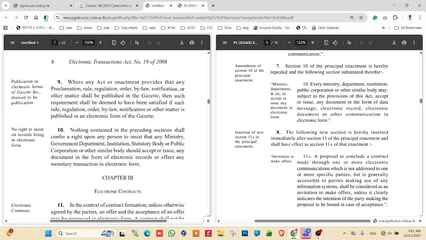So the blue color text is in the amendment. The black color text is the Electronic Transaction Act. In section 10, it enacts that nothing contained in the preceding sections shall confer a right upon any person to insist that any ministry, government department, institution, statutory body or public corporation or other similar body should accept or issue any document.